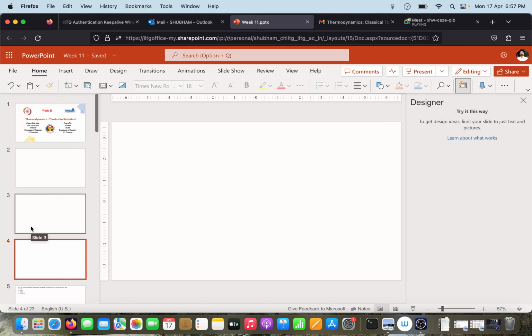One is the Einstein theory of heat capacity, and the other is the Debye theory of heat capacity. I will not solve the expressions, just give you the idea and the results which we get from these two theories. So first, the Einstein theory.